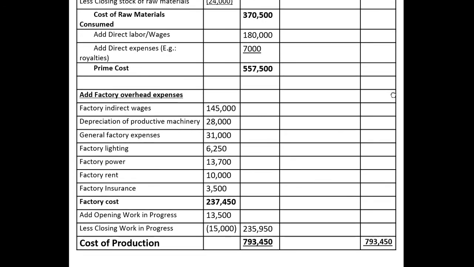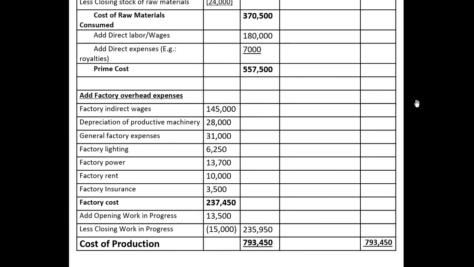We add all the overheads incurred during production and include factory indirect wages, which amounted to 145,000. We have depreciation of productive machinery. Now here, to calculate depreciation, we were given the depreciation rate at 10%.